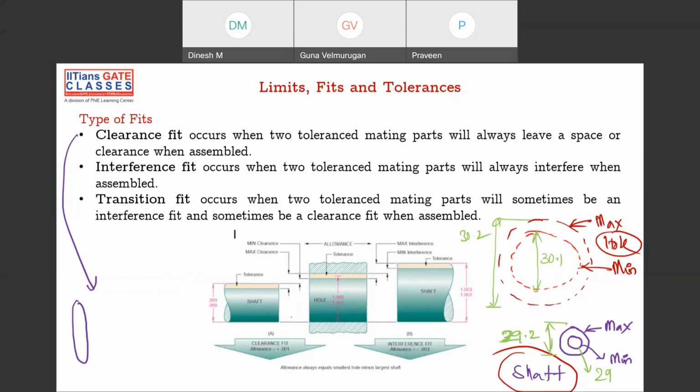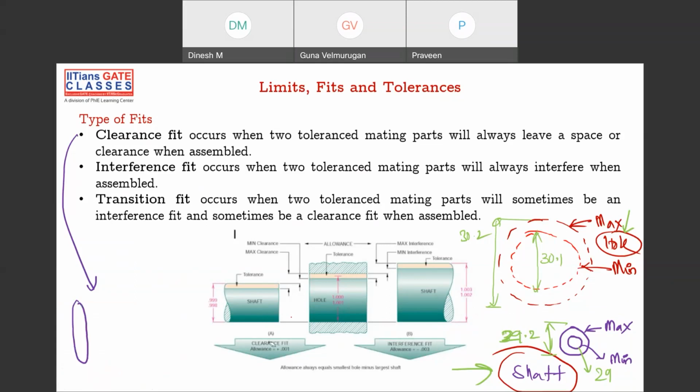Now take any dimension of shaft and any dimension of hole. Is the shaft going to fit in the hole? Yes or no? Yes, all the time it will fit.